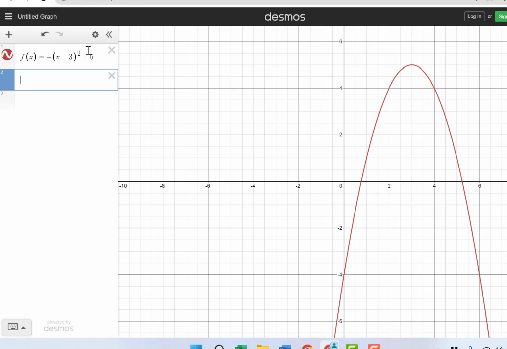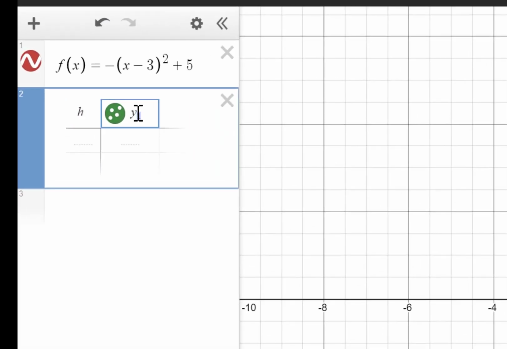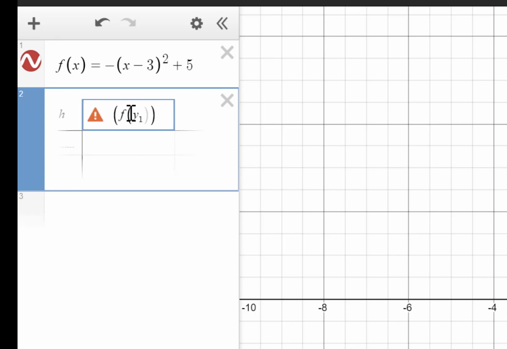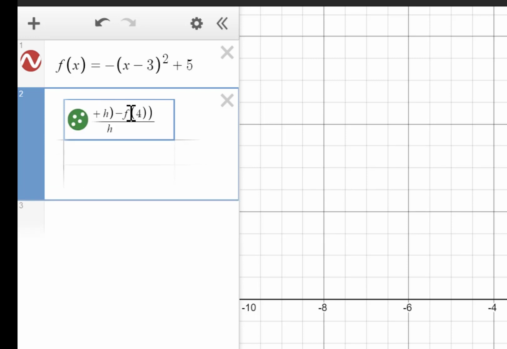One way we could do this is by first adding a table, and I'm going to have an input of h, and I'm going to define the average rate of change of the function as the output. So it would be f of 4 plus h minus f of 4 all over h.